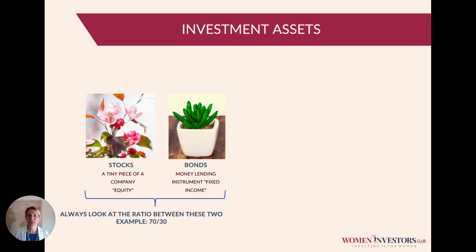If I have a portfolio of 100 and today I'm 45 years old, then I should have 45% of my money in bonds and the rest in stocks. As I get older, I should hold more bonds in line with my age. If I'm 60, then 60% of my money should be in bonds. If I'm 70, then 70% should be in bonds. That way, I have a more secure portfolio.